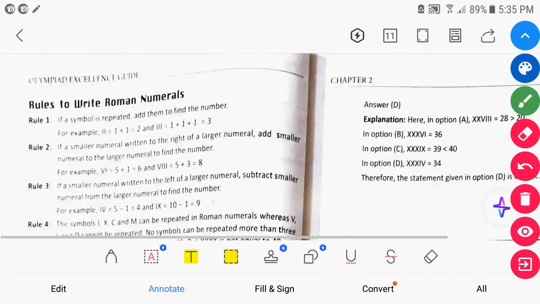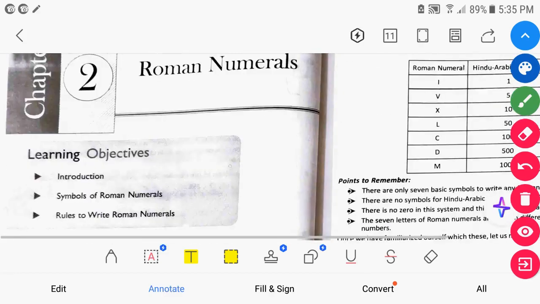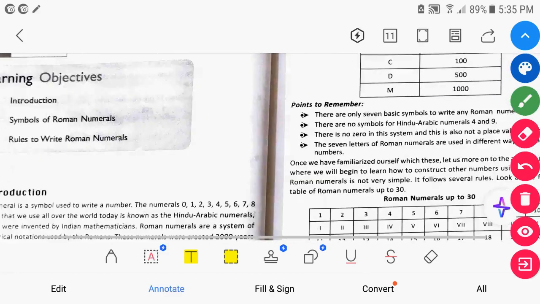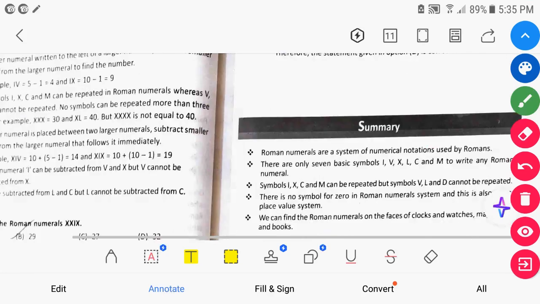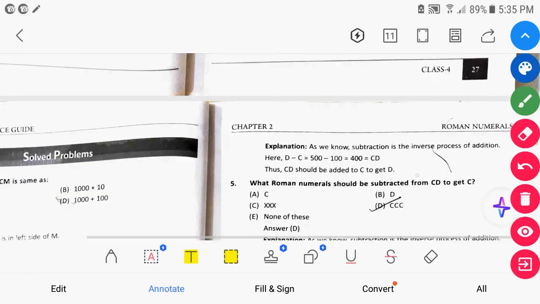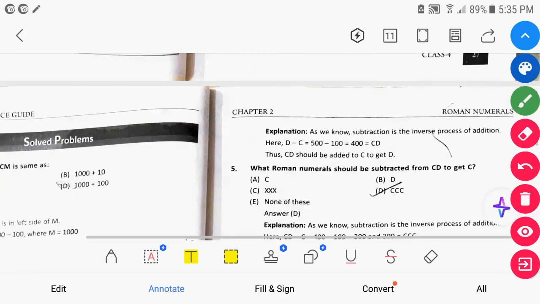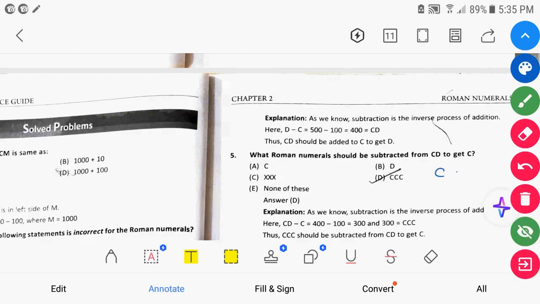Now C means what, what is the value of C? C is 100 and D is 500. Okay, first you write that thing. C means 100 and D means 500. Now what numeral should be subtracted from CD?